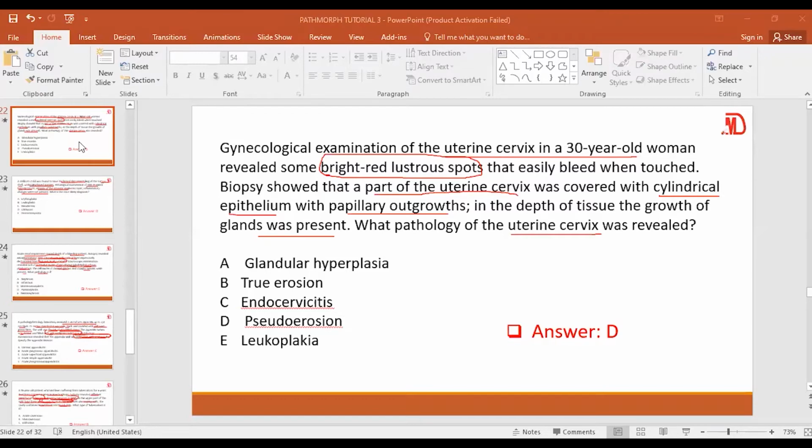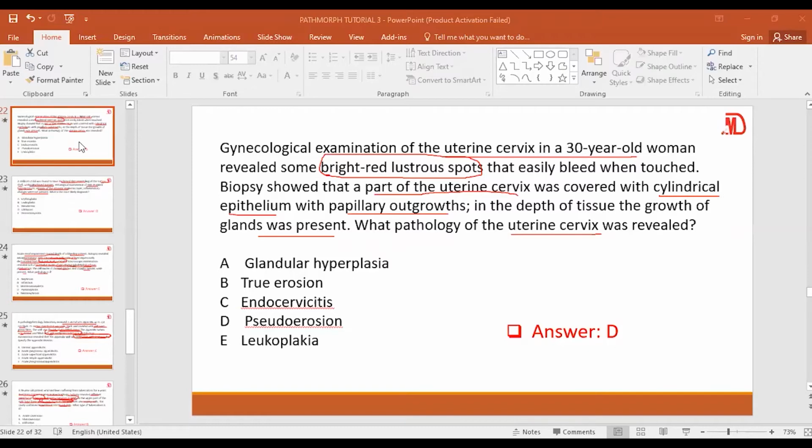Then we have true erosion. True erosion is characterized by, first of all, a pathological process characterized by the damage and desquamation of the flat epithelium of the vaginal part of the cervix.